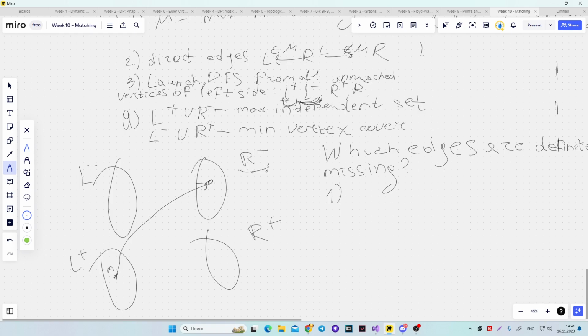That means these vertices cannot belong to R minus, because we visited these vertices.